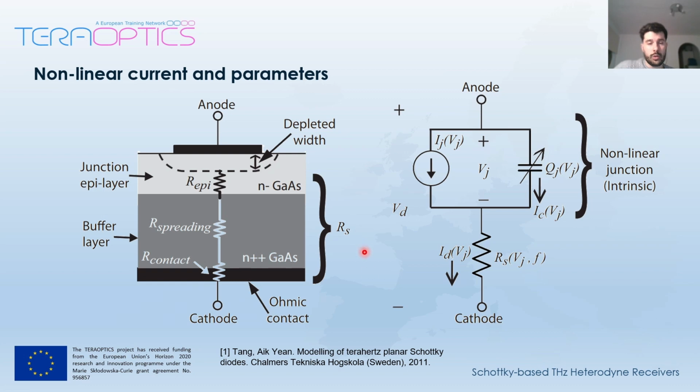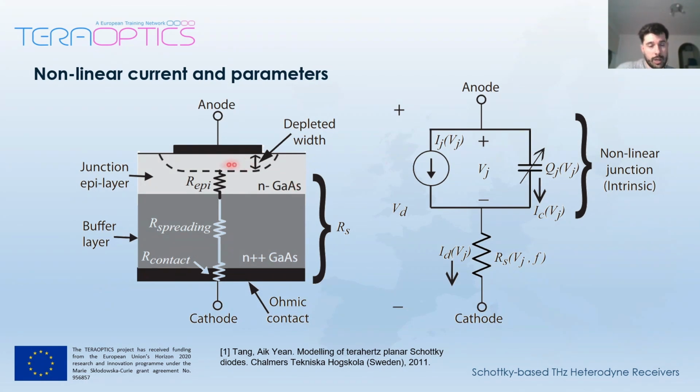Then, because we have a semiconductor that has limited conductivity, we will have a series resistance, but also because the depletion width changes, the length of the semiconductor that is actually conducting also changes. Therefore, that series resistance is dependent on voltage.